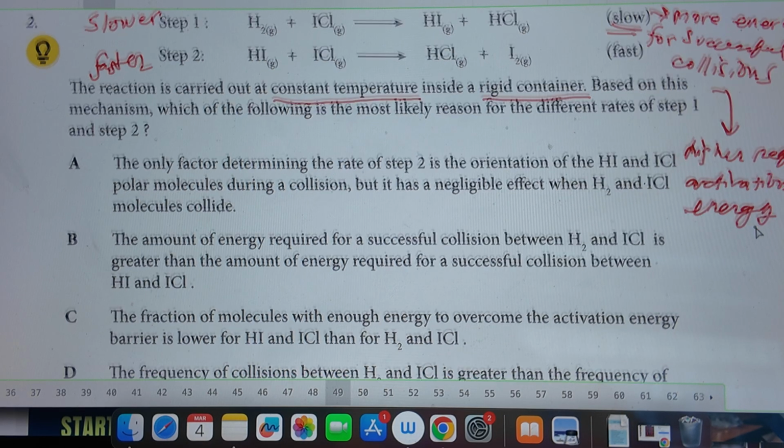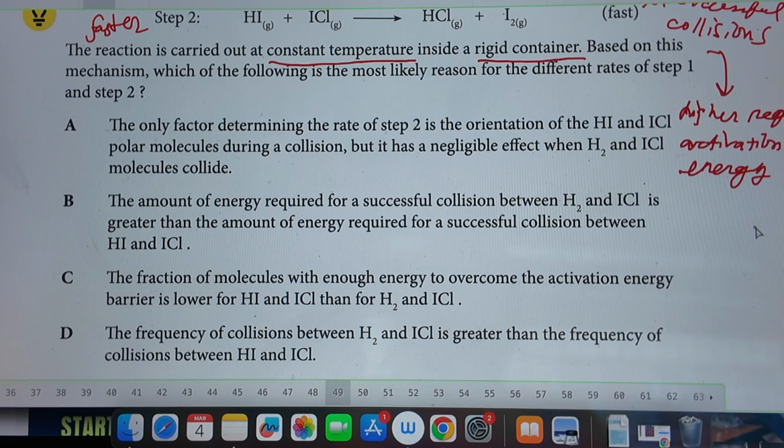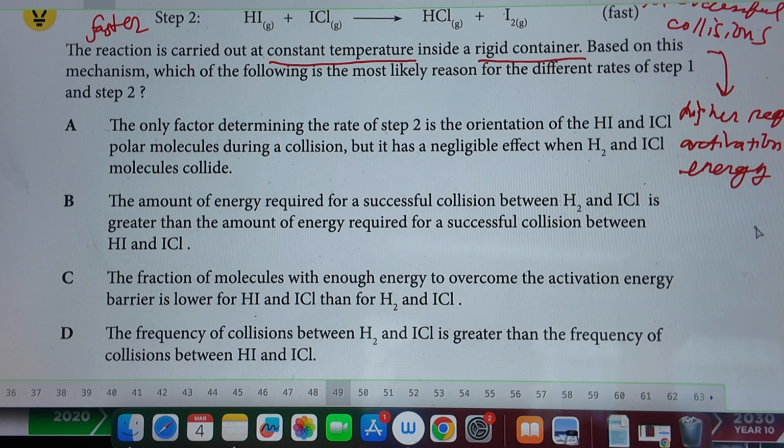Okay, so let's read the answer choices. A: the only factor determining the rate of step 2 is the orientation of HI and ICl polar molecules. You know from regular chemistry that that's not true. The orientation of the molecules doesn't matter because they're going to bounce around and eventually be in the correct orientation.